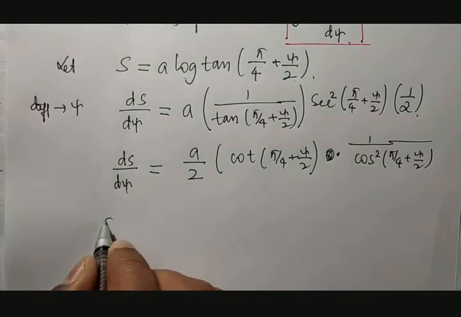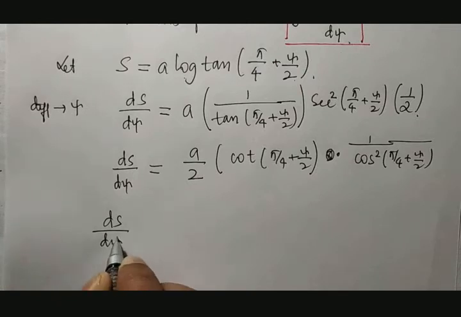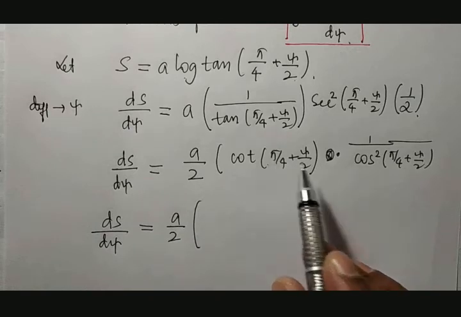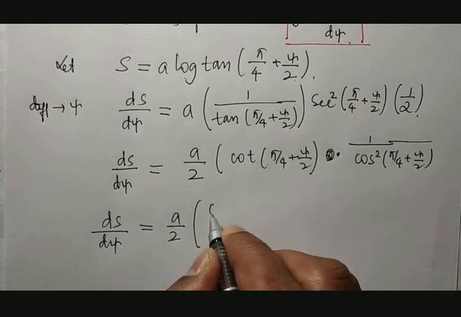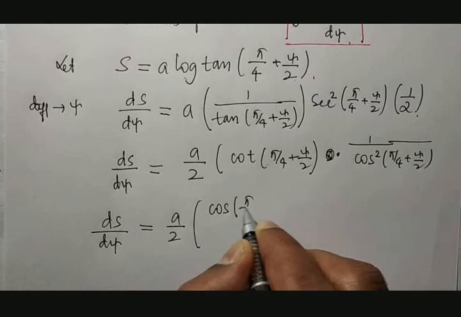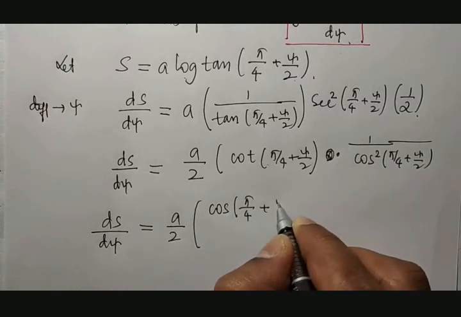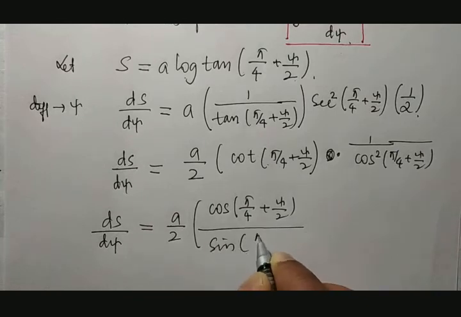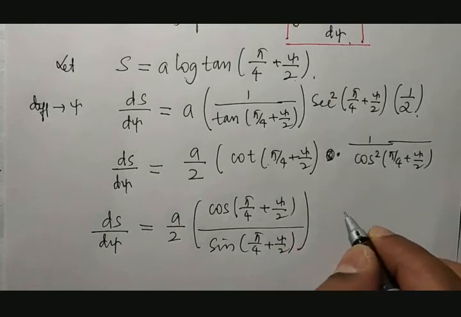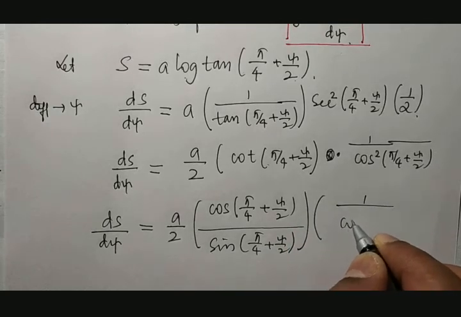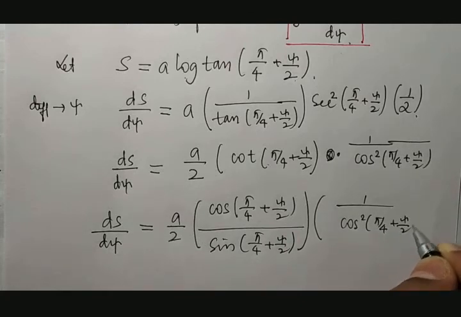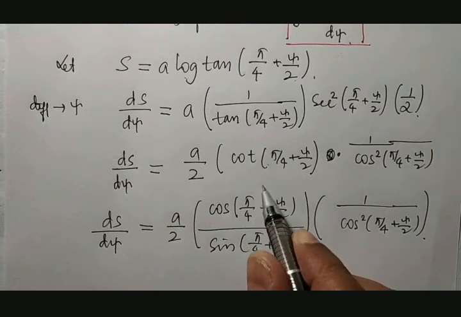Then ds/dψ is equal to a divided by 2 into cot. How do you write cot? Cot is nothing but cos by sine. Therefore, cos(π/4 + ψ/2) divided by sin(π/4 + ψ/2), that into 1 divided by cos square(π/4 + ψ/2). So one cos gets cancelled.